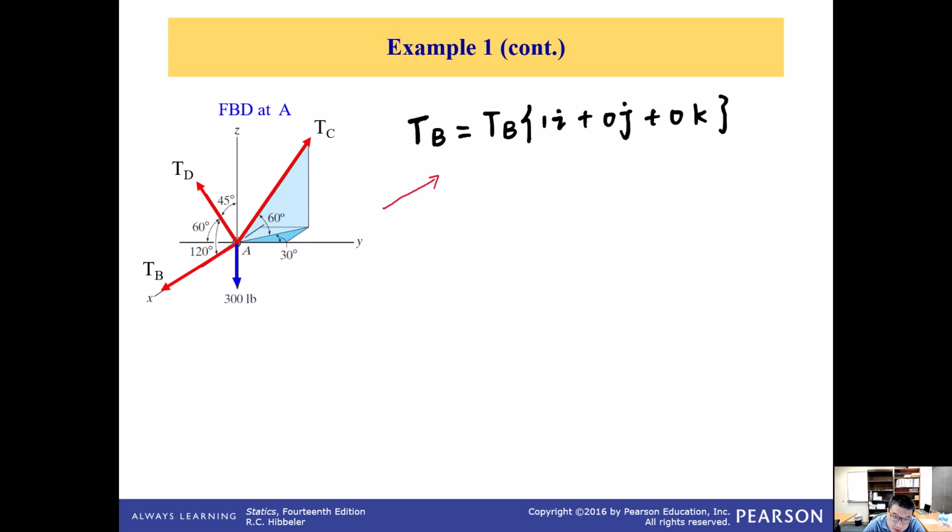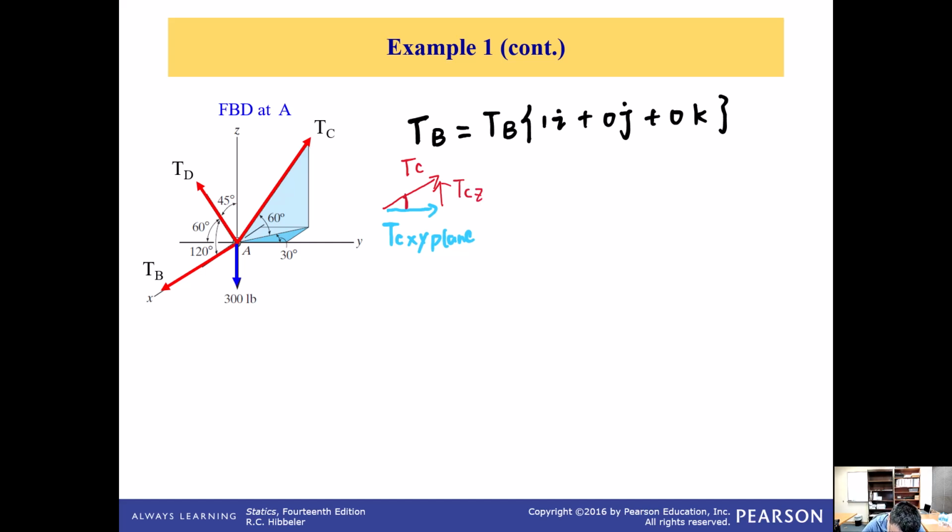Here is the vector of TC. So it has a component in the XY plane and also a component TCZ in the Z direction. And this angle is already known, it's 60 degrees.